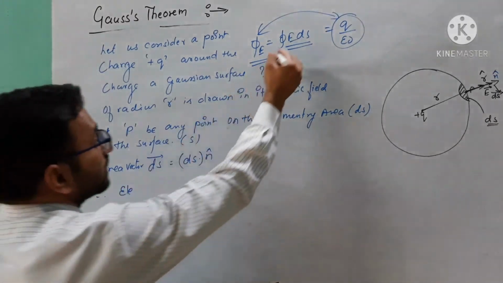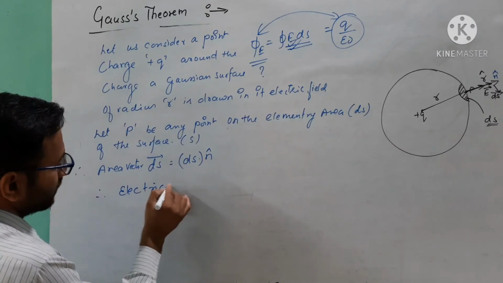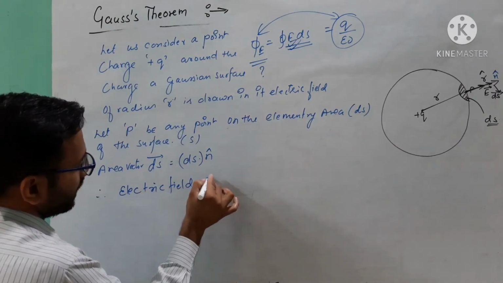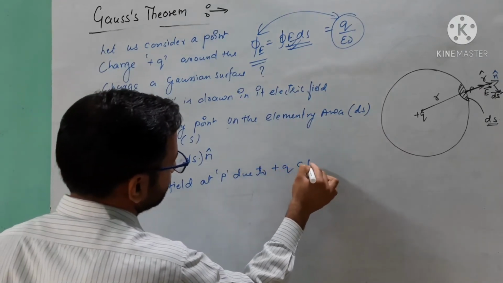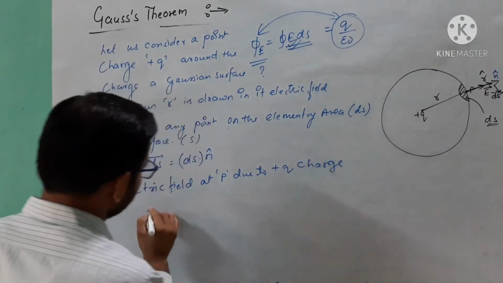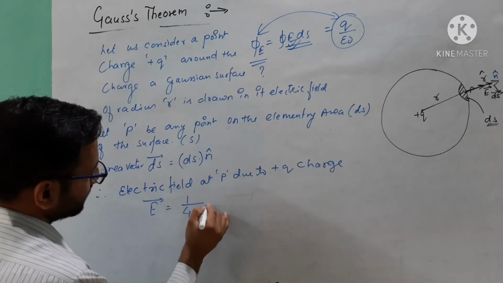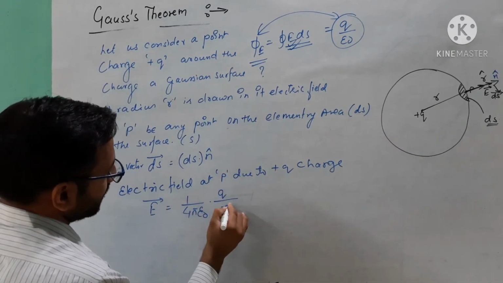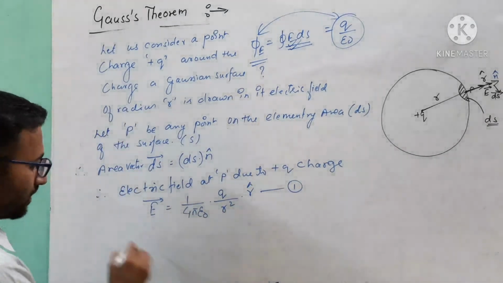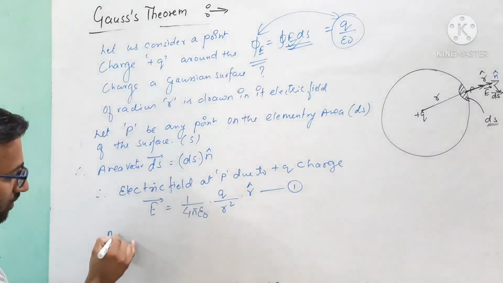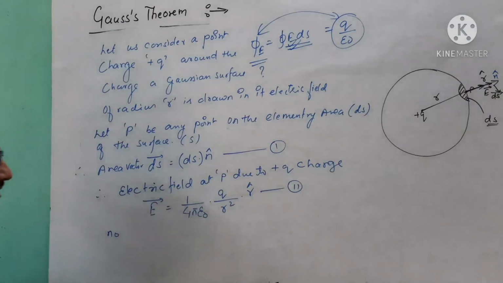So first I will write the electric field at P due to plus Q charge. In vector form: E is equal to 1 over 4 pi epsilon naught, Q over r square, r cap, equation number 1. Now equation number 1 is here, this is supposed to be second.